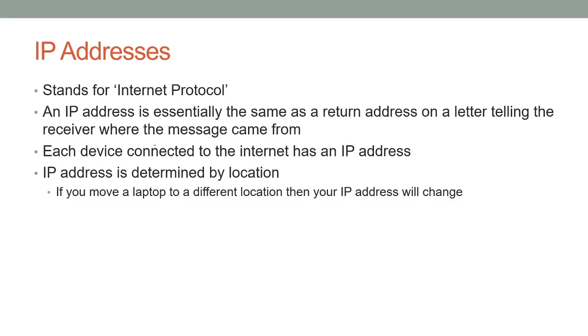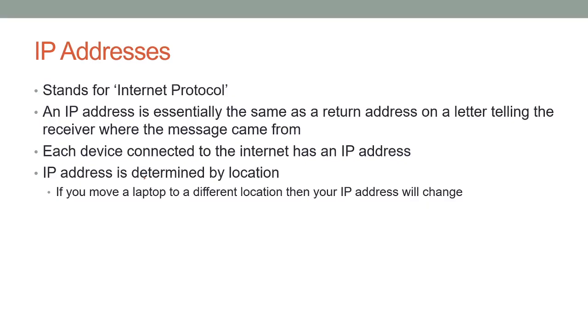It'll be wherever it came from. So your laptop, your computer, your phone, whatever, will have its own IP address. Although it's unique, it's actually determined by location. If you have your laptop in your house and you take it to someone else's house, you will have a different IP address because you've had to connect to their Wi-Fi.